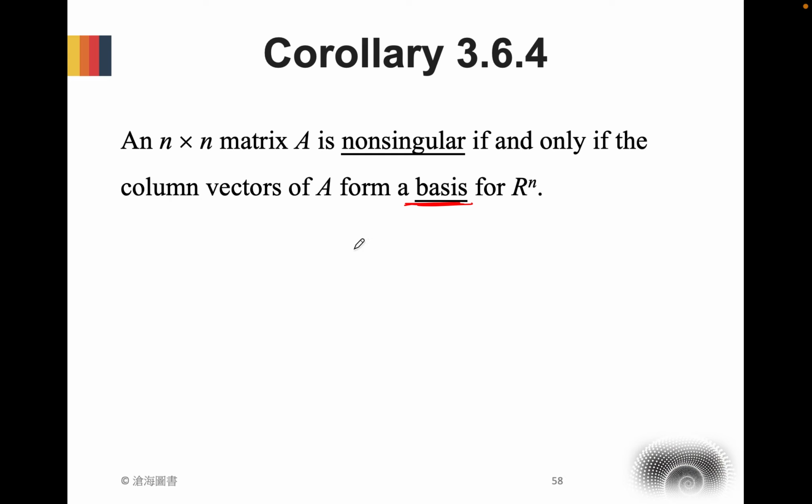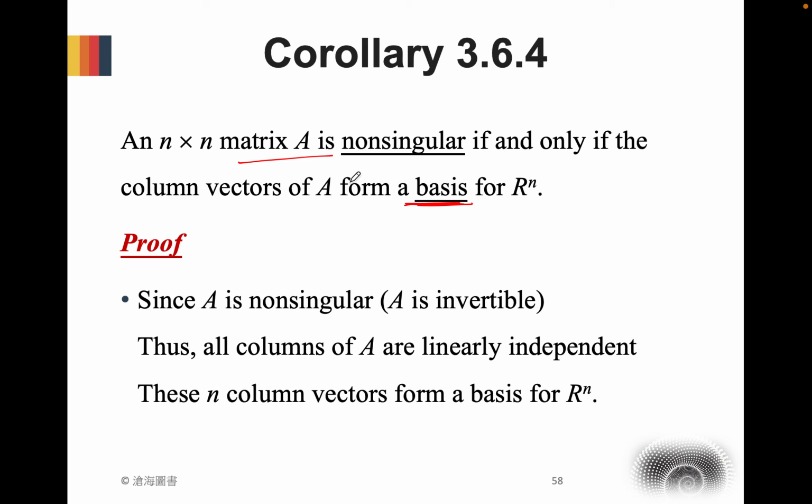And we have mentioned that as long as the column vectors of A are linearly independent, then the matrix A must be invertible, must be non-singular. Okay, it can be easily proved, right? Since A is non-singular, then all columns of A are linearly independent. And these n column vectors form a basis for Rn. Okay.